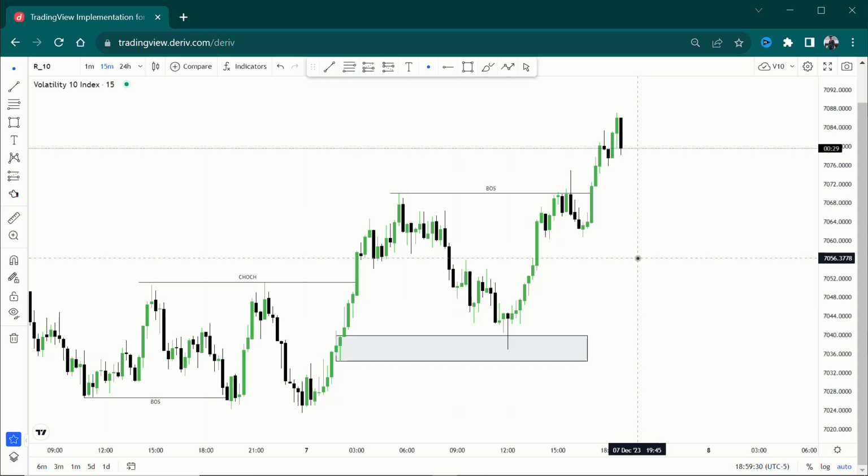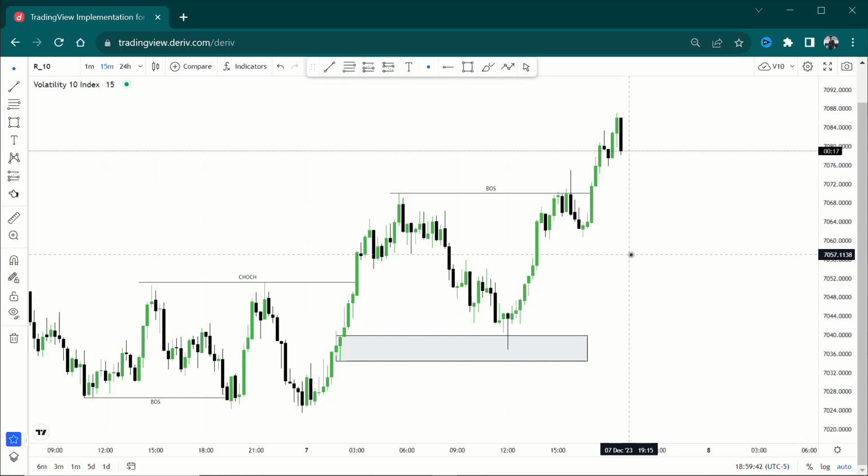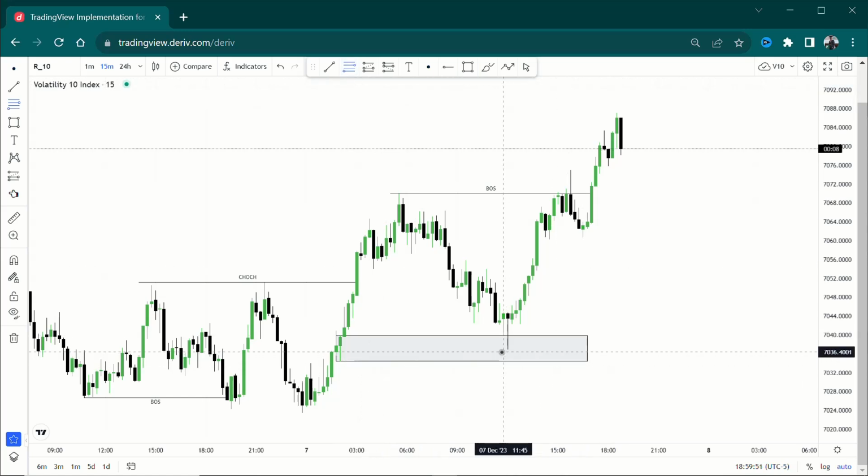The Fibonacci retracement is not the only tool that you can use. This is why I'm saying that the Fibonacci retracement is not an indicator. Even just looking at this, I can tell that this order block is going to be the first order block that I'll be looking at, this one right here.